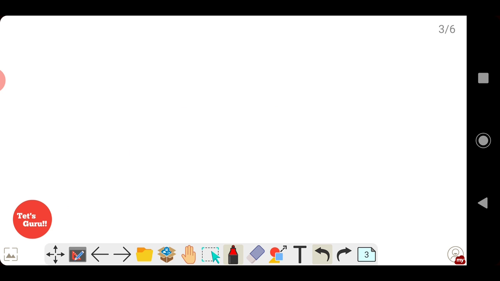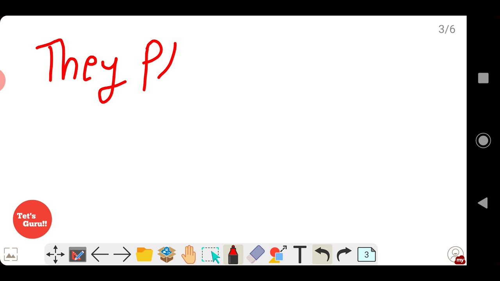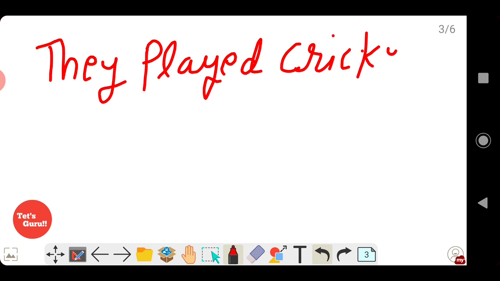The first example that I'm going to write: they played cricket. Or if you are playing football, you can say they played football. They played cricket means उन्होंने cricket खेला.